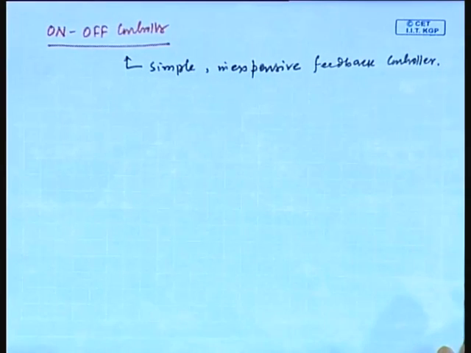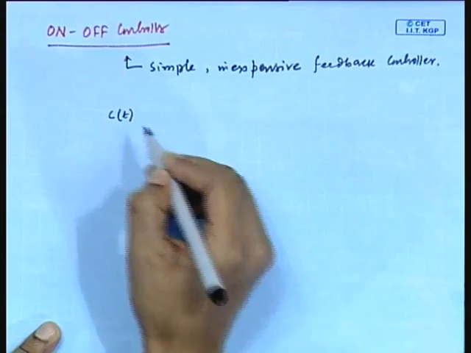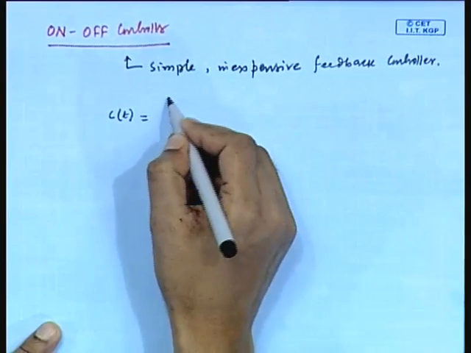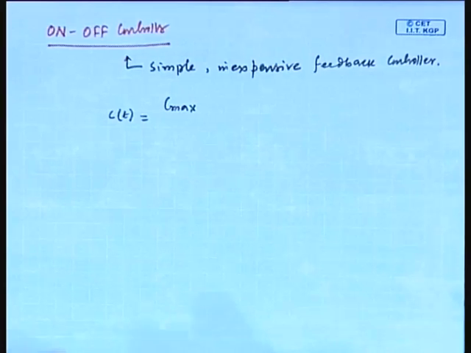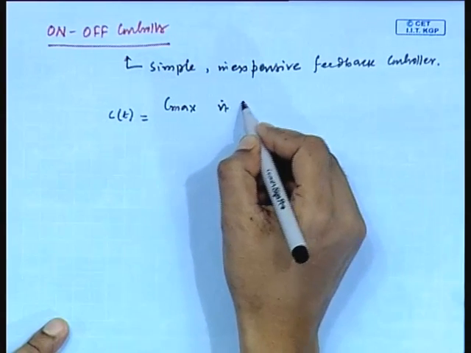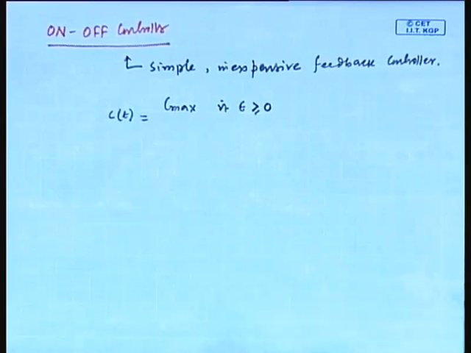Fine. An ideal on off controller we can represent as Ct equals Cmax if error is greater than or equal to 0. Ct is the controller output. So, when error is greater than 0, Ct provides the maximum value Cmax.